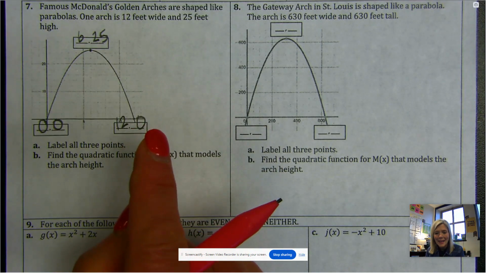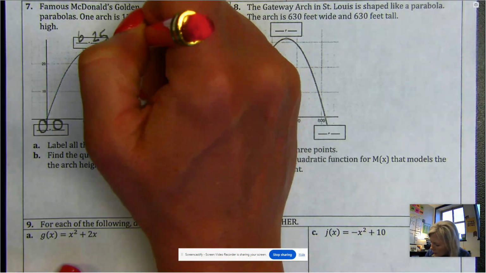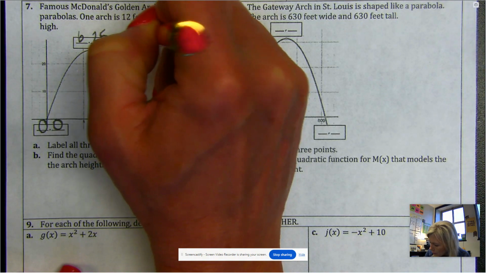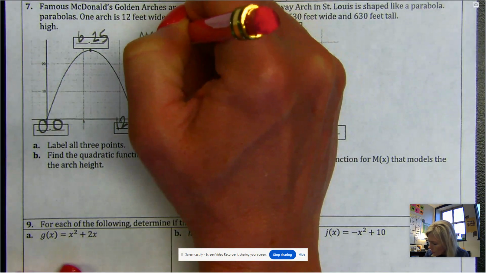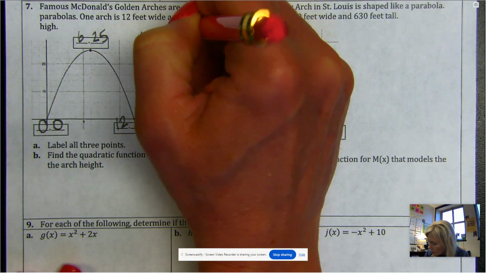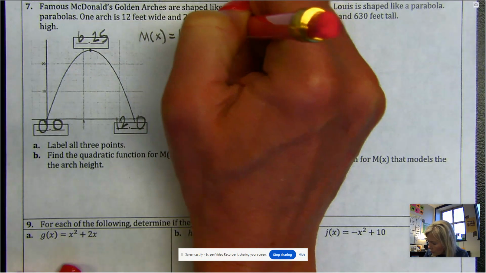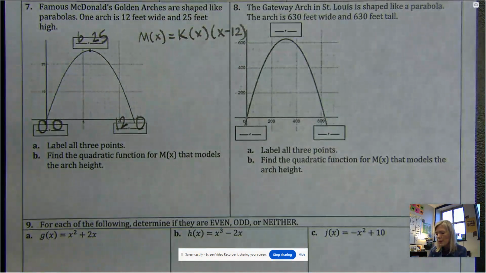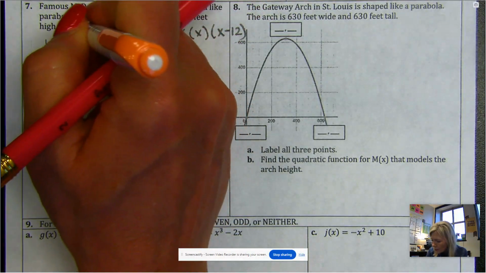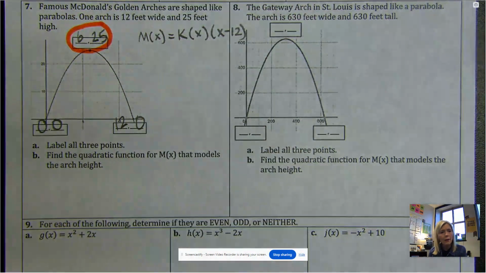We need to scale this. So I'm going to write m of x equals some value k times x times x minus 12.